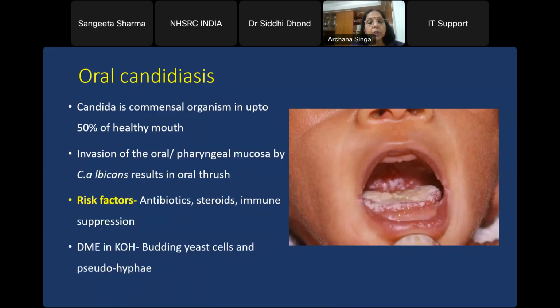Oral candidiasis, you can see, because candida is a common commensal of the oral cavity and vagina, and prolonged antibiotic use, prolonged use of steroid, and immune suppression can lead to oral candidiasis or candidal vaginitis, and you see budding yeast cells or pseudohyphae on KOH examination. Next.